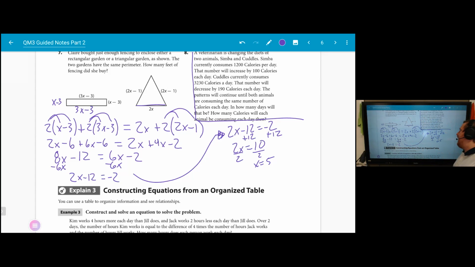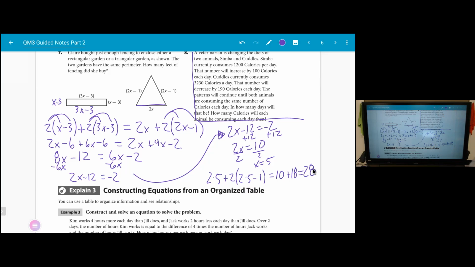I'm just going to look at the triangle. I've got fewer things here. 2 times 5 plus 2 times 5 minus 1. If I simplify this, this becomes 10 plus, inside this is 10 minus 1, which is 9. 10 minus 1 is 9, times 2 is 18. 10 plus 18 is 28.